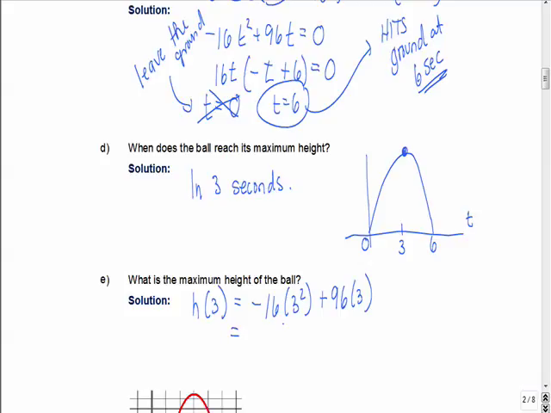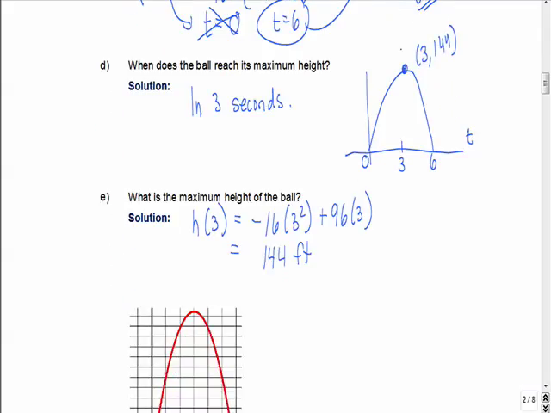And if I do that, pull out my calculator, negative 16 times 9 plus 96 times 3 gives me 144 feet. So this point is actually at 144 feet. So the point itself is actually at 3, comma 144.